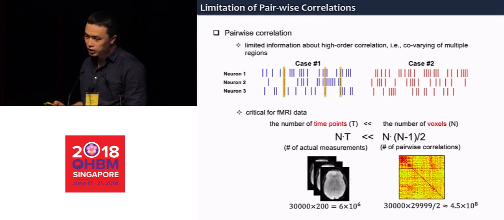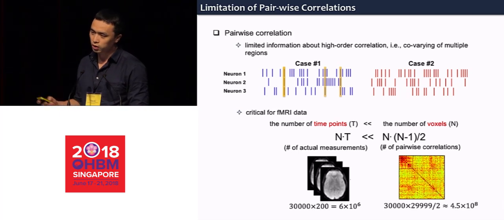First, I want to say that maybe pairwise correlation is not the best way to quantify the covariance structure in fMRI, because it tells us very little about high-order correlation, which I define as the covariance of many brain regions. For example, in these two cases you get identical pairwise correlation, but their high-order correlation could be very different.